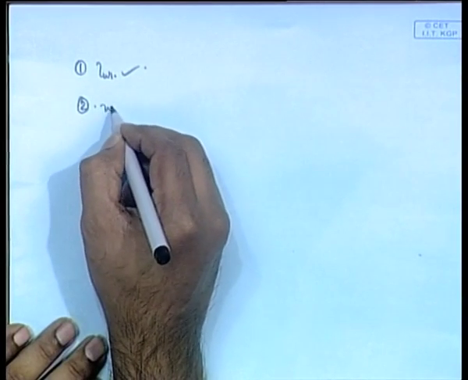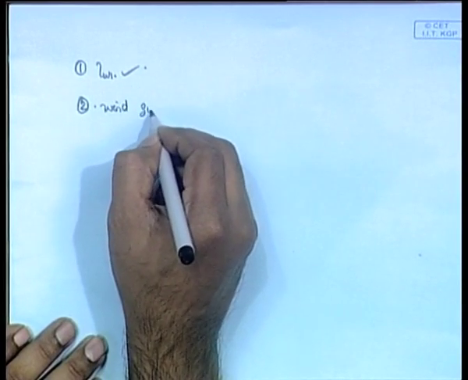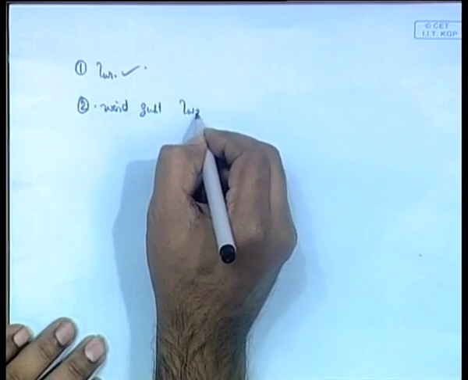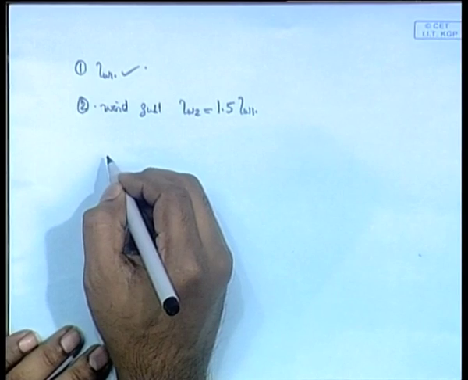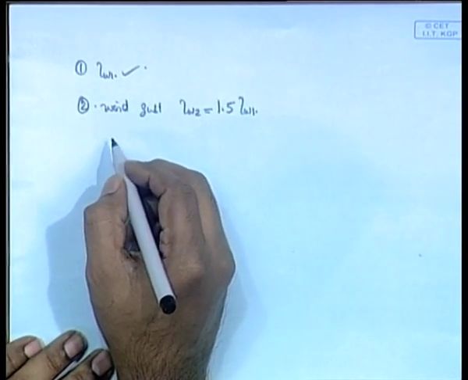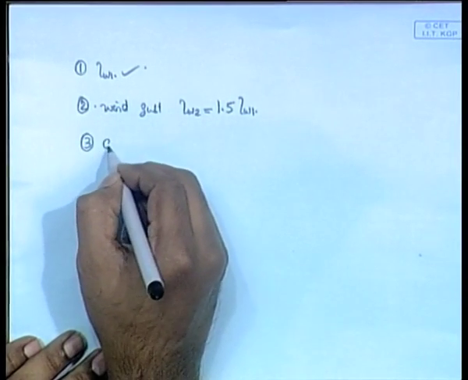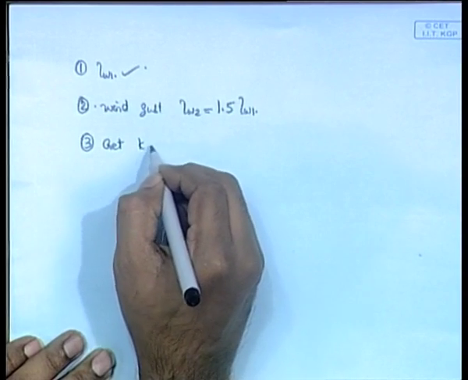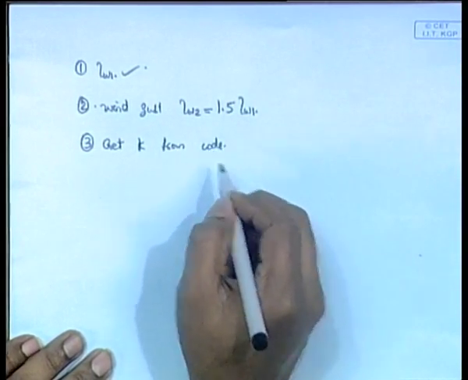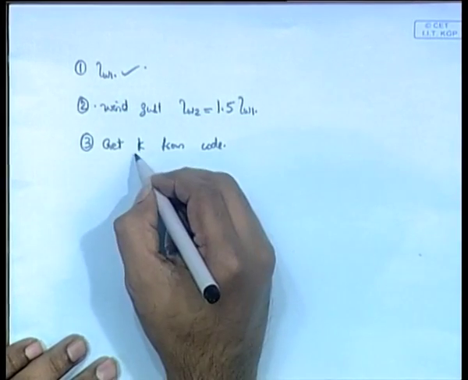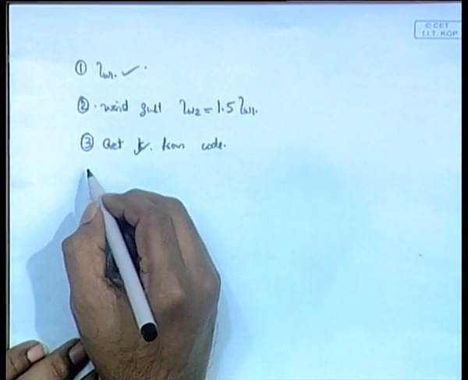Then the wind gust lever is defined as LW2, equal to 1.5 LW1, this is given. Then you need to get K from the code. I have already given you two values of K, depending upon the type of ship you decide the value of K.